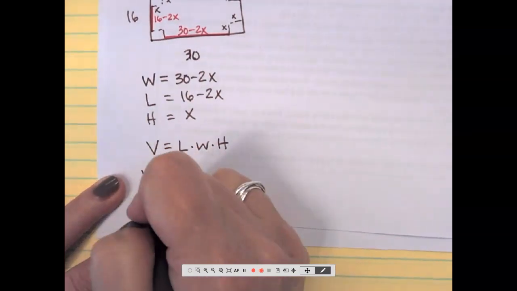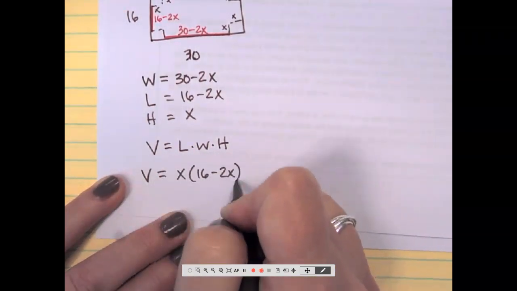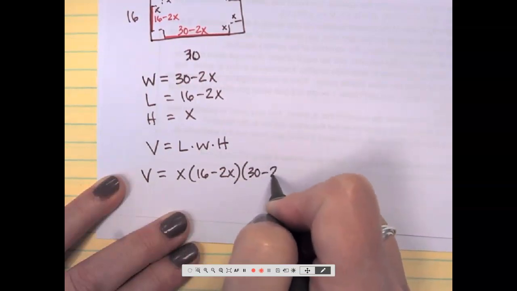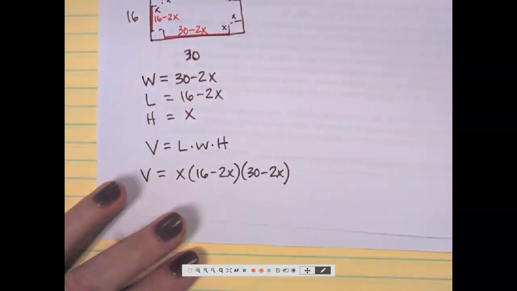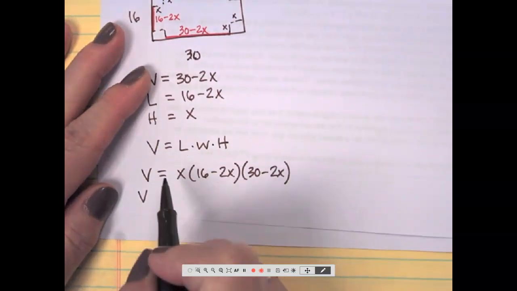All right, so I've got to multiply all of these things together. Okay, I already have an equation with one variable, so I don't have to worry about that. I just need to take the derivative. I'm going to distribute first and then take the derivative.